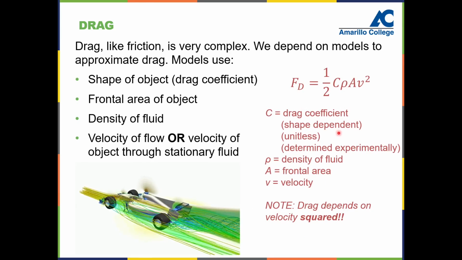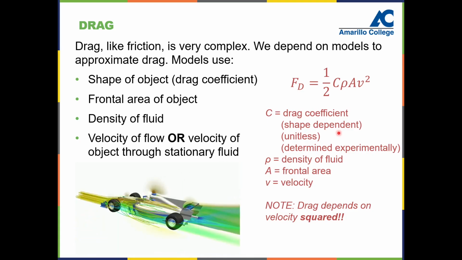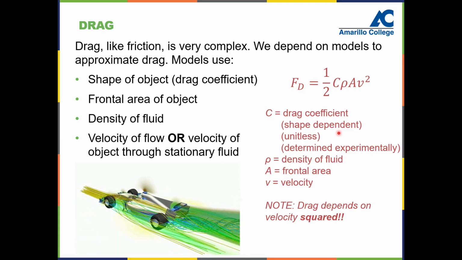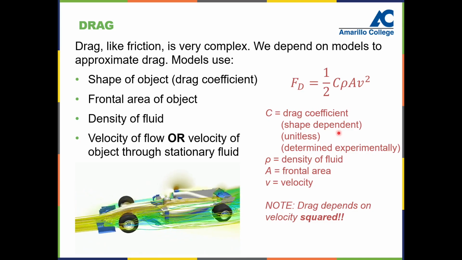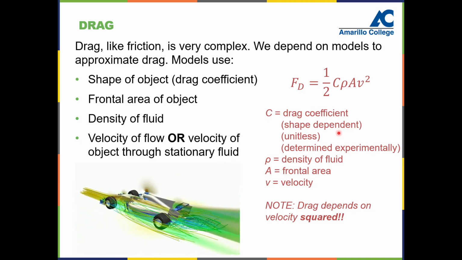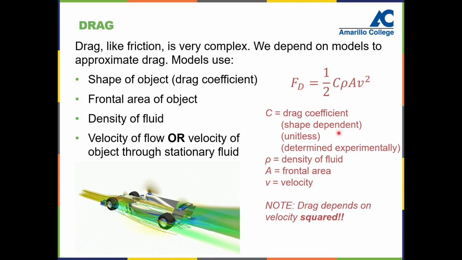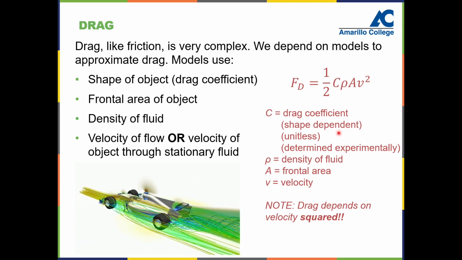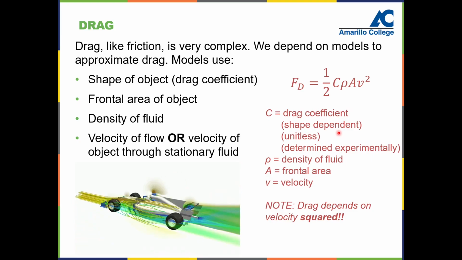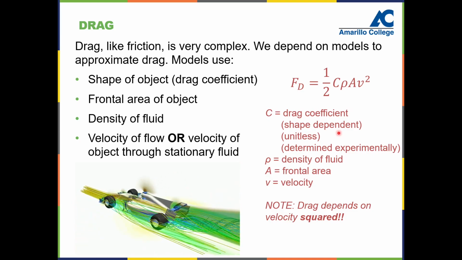So with drag, remember when we talked about friction, we had that model of an extremely rough surface, and we said that the way those surfaces interact is actually very, very complex. We lumped all of that complexity into some constants, the coefficients of friction, that we develop empirically.